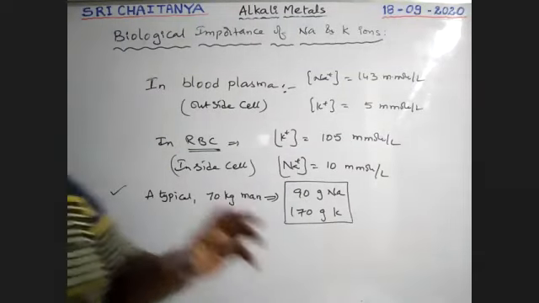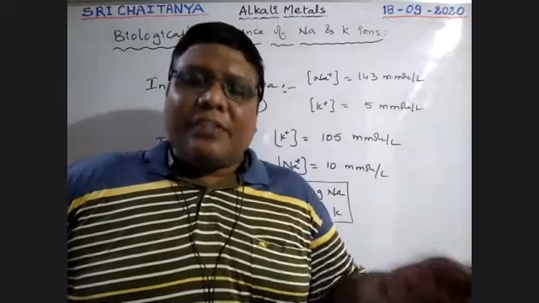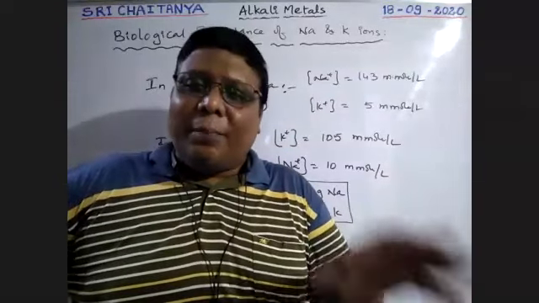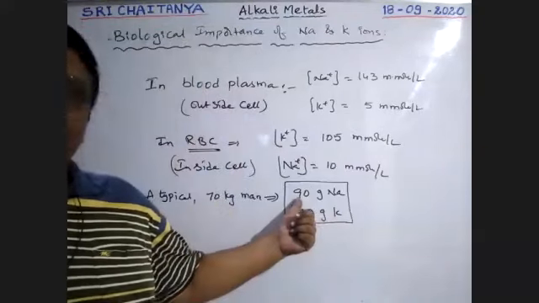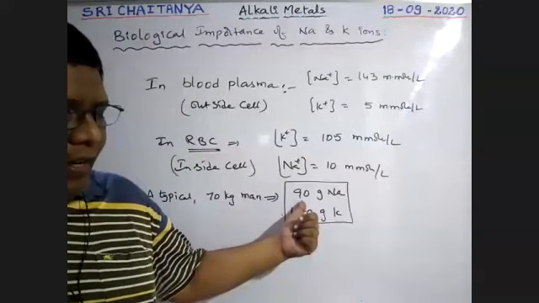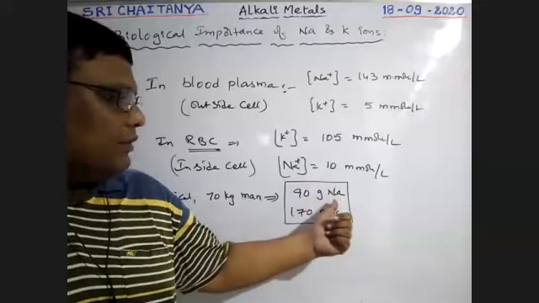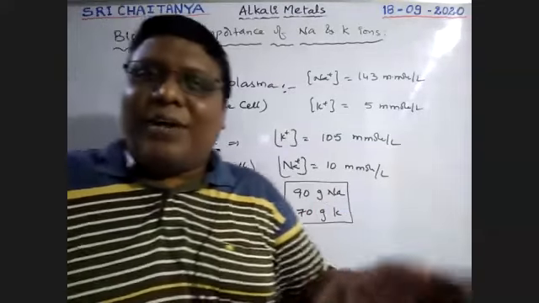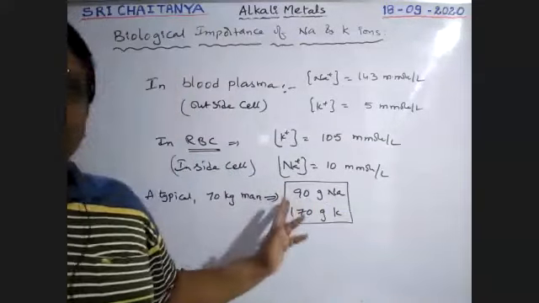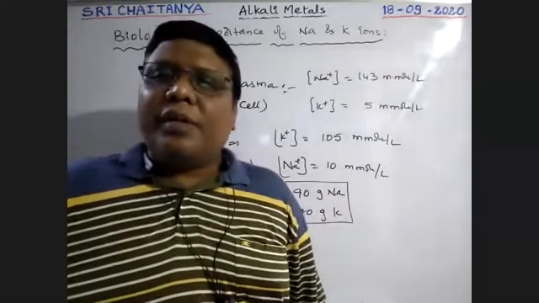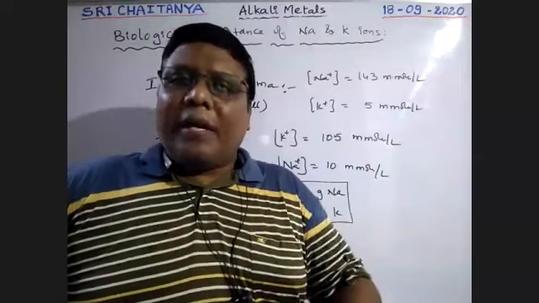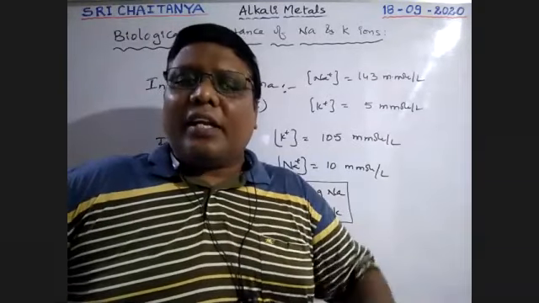A typical 70 kg male person, not required every day, boys, contains, that body contains 90 grams of sodium and 170 grams of potassium. So that is the available values from general cases.